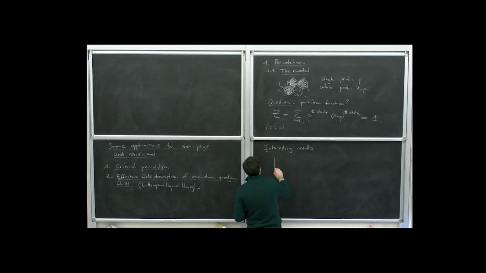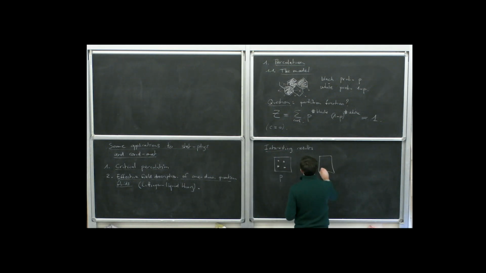So first of all, you see, of course, if P, the probability that you have black sites, is too small, then essentially you only have a few black sites like this, and otherwise the rest of the system is completely white.